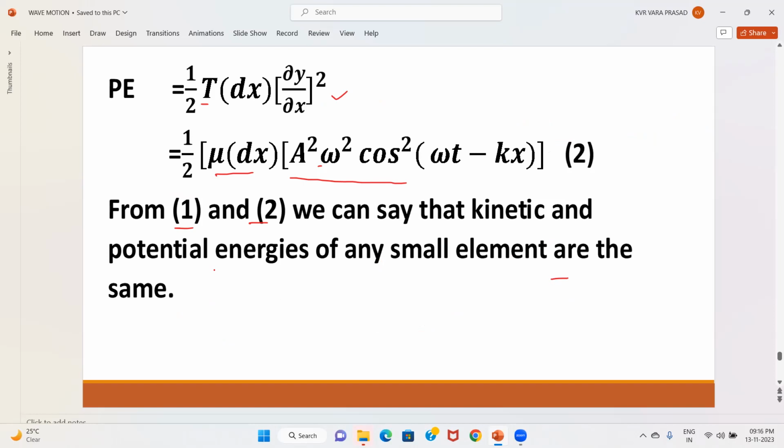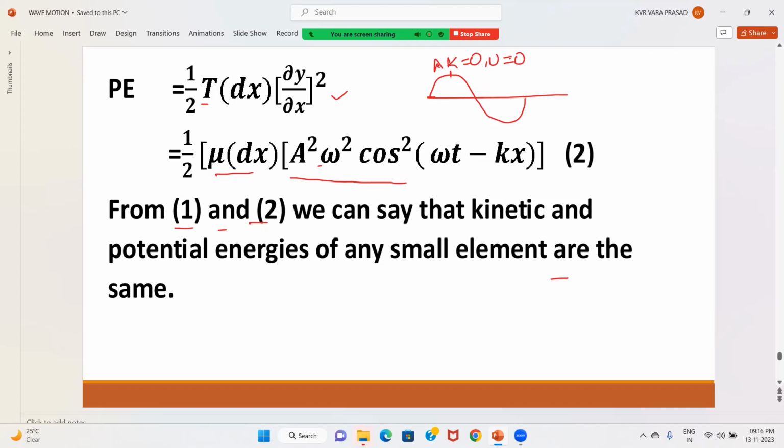Okay, that means if I am taking, for example, suppose this is now the shape of the string. If you take point A, the topmost point, velocity equal to 0 means kinetic energy equal to 0. The potential energy is also 0 because in this case the kinetic and potential energies are the same.